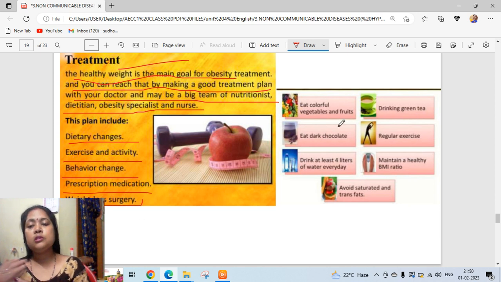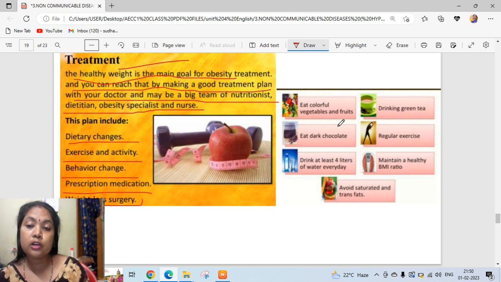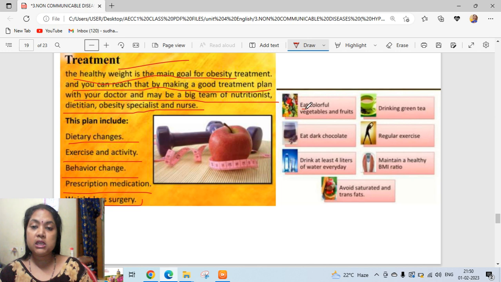Okay. So there is some advice from doctors in order to keep yourself fit, or to avoid obesity. So the first is eat colorful vegetables and fruits, then drink green tea, then eat dark chocolate, then regular exercise, drink at least 4 liters of water every day, then maintain a healthy BMI, avoid saturated and trans fats.